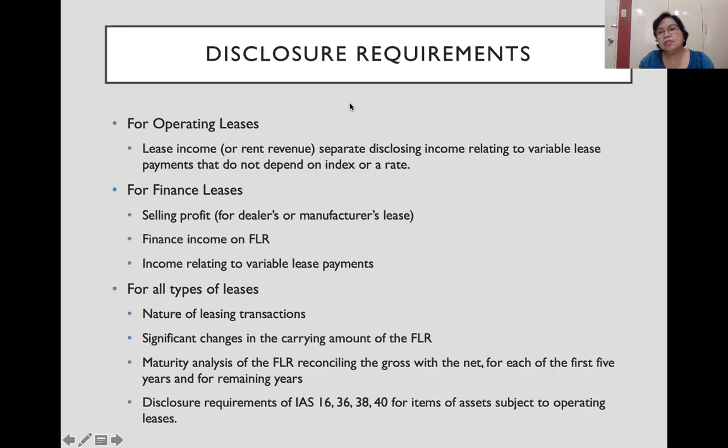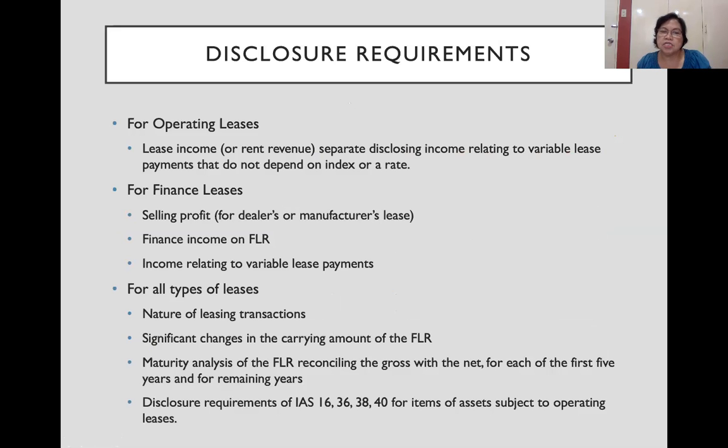Okay, so what are the disclosure requirements in the financial statements of the lessor? For operating leases, you are to present the lease income or rent revenue, separately disclosing income relating to variable lease payments.